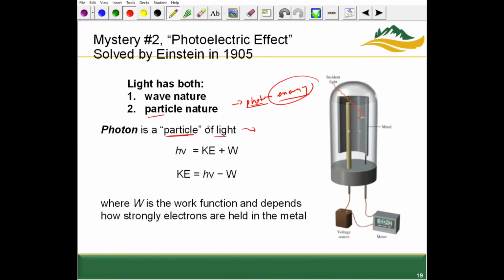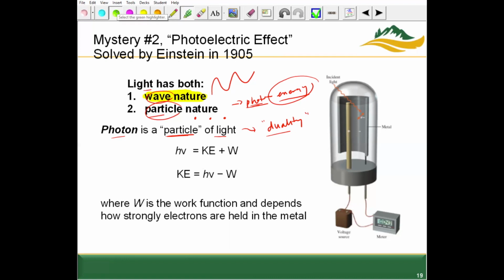So there's this concept that light has duality. It has both wave nature, like what we looked at, and particle nature, or photon nature, where particle nature thinks of light as pockets of energy, or photons. The way we're going to treat light in this class, we're going to think of it mostly as waves.